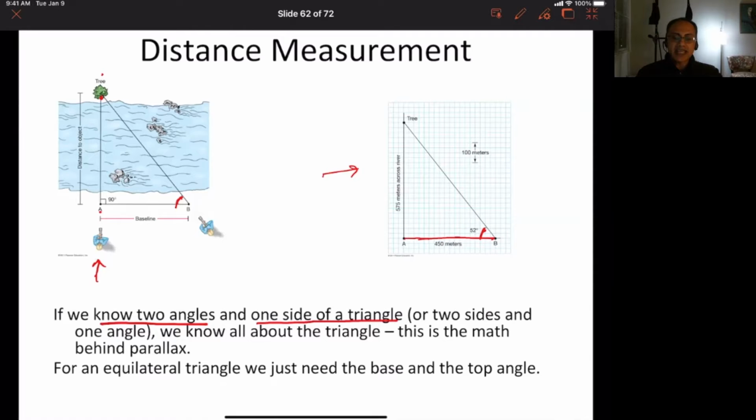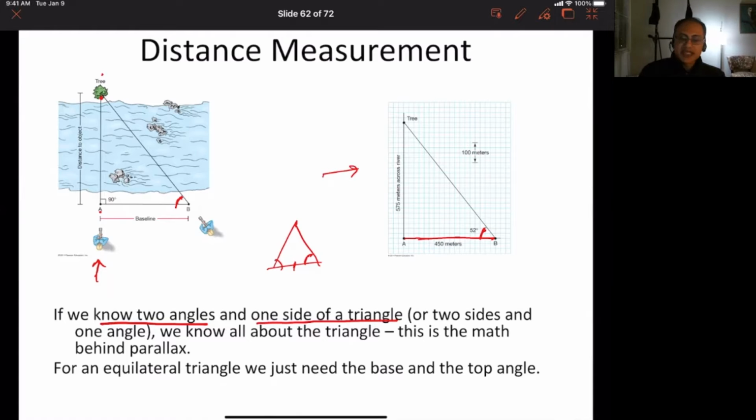You can figure out all the other angles, all the other sides, anything that you want.